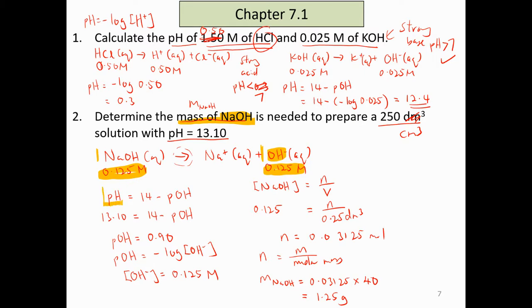And remember, if this is a base and we are given pH, we have to relate pH equals 14 minus pOH. So that's all for this chapter: calculating strong acid and strong base pH.